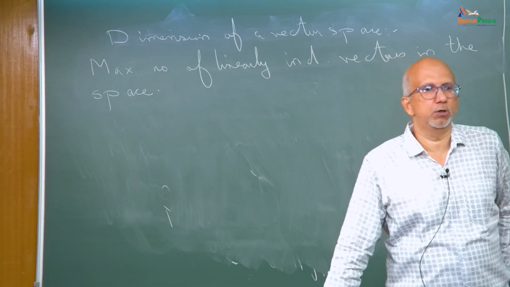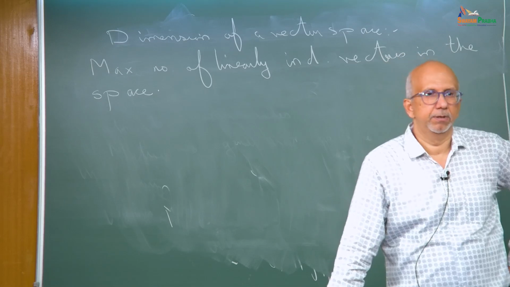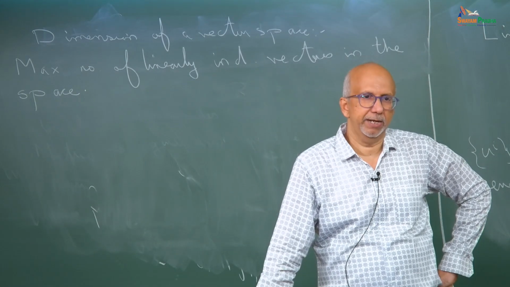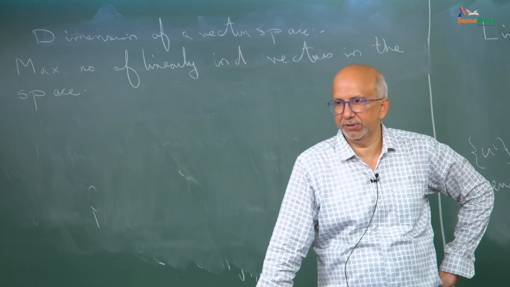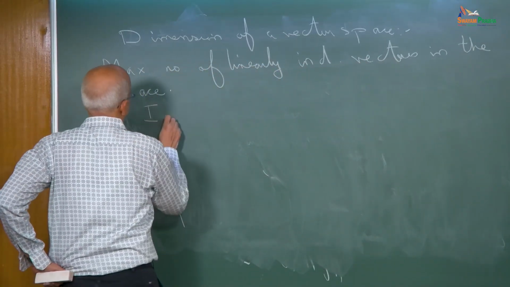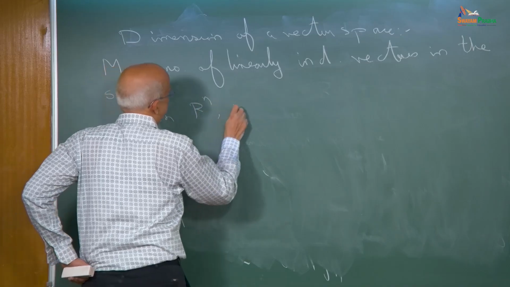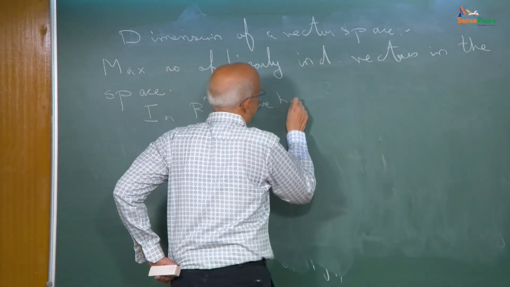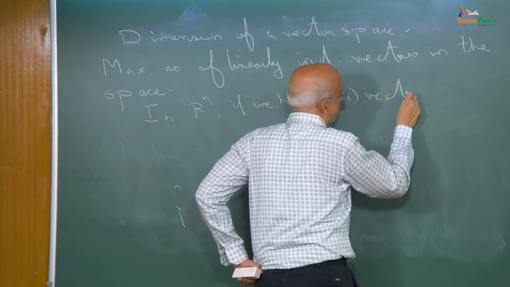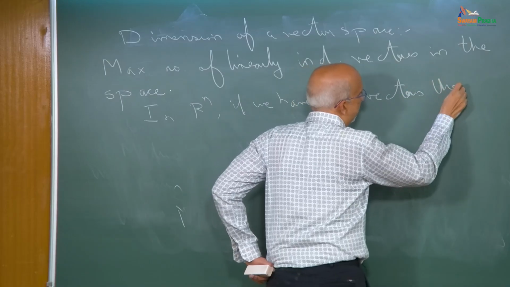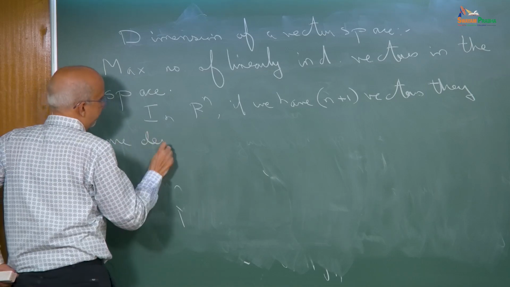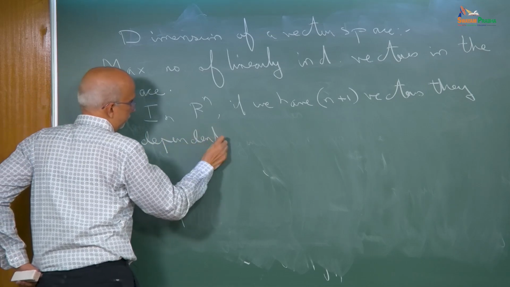So, we showed that for Rn, the maximum number of linearly independent vectors we can have is n, by choosing an example E1, E2, E3, En, okay. So, in Rn, if we have n plus 1 vectors, they are dependent. Why?